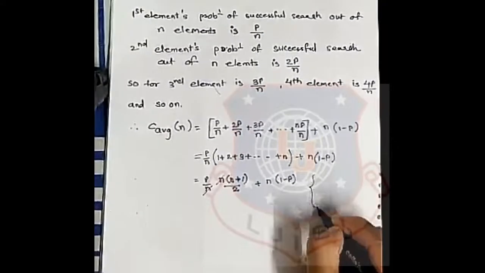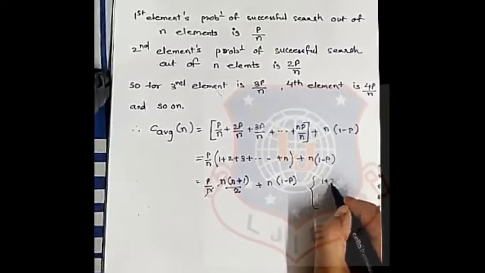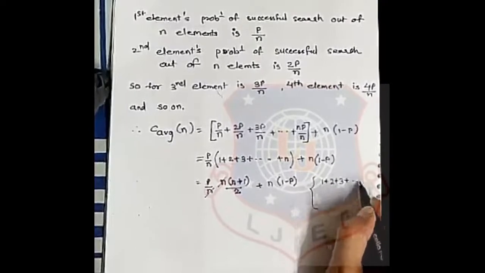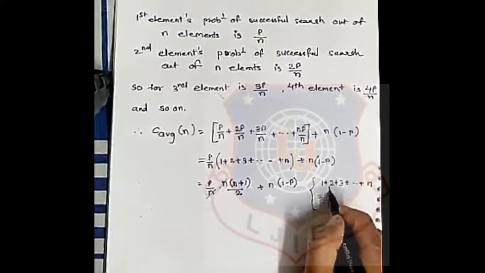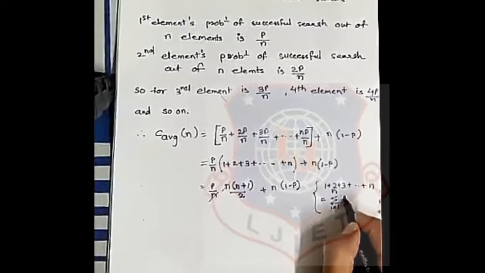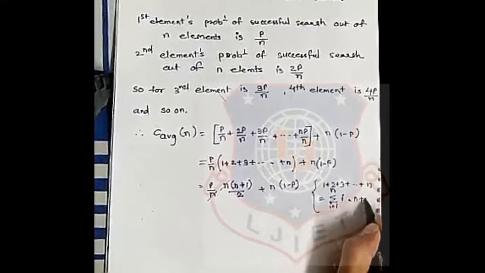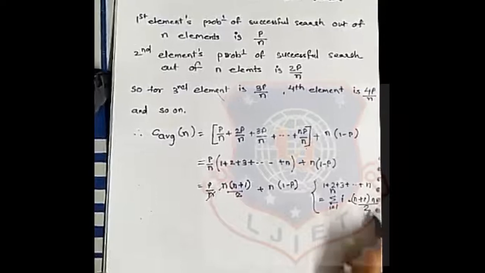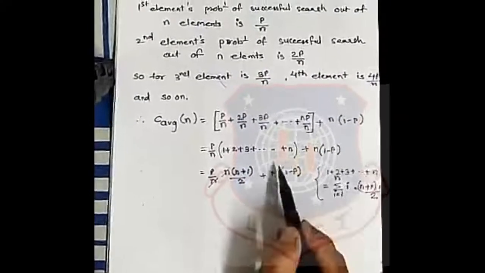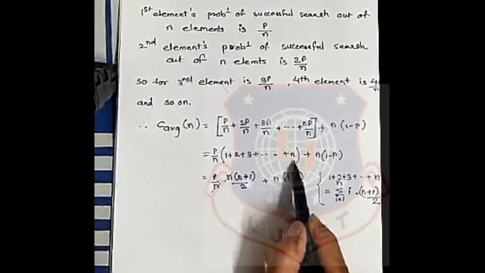Therefore, one summation formula: from i equal to 1 to n, the summation of i is denoted as n into n plus 1 by 2. That is the substitution we have made in the above formula.